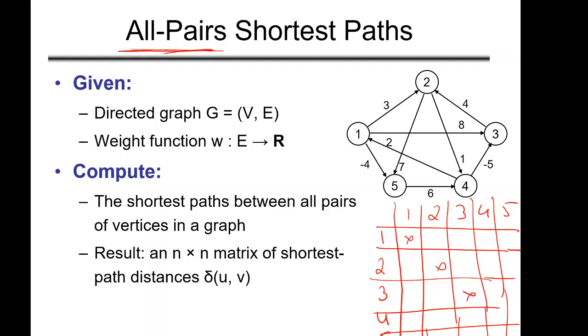So what is the distance from 1 to 2? We write it here, then from 1 to 3, similarly from 2 to 1, and in this way we fill the matrix. There is an n cross n matrix where n is the number of vertices in the graph, and in each block we write the value of the shortest path distance between u and v.